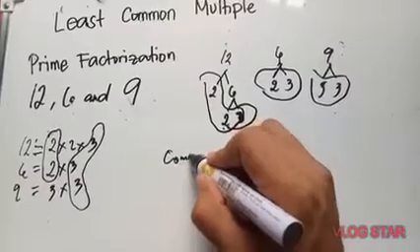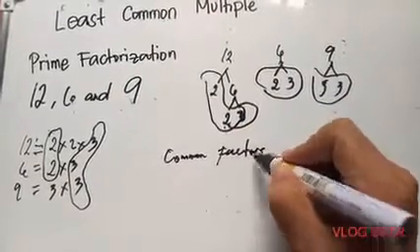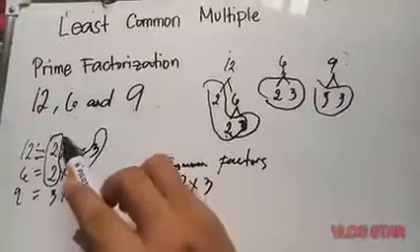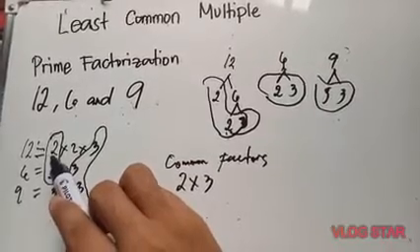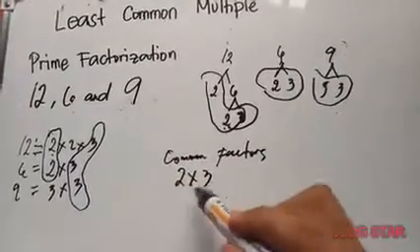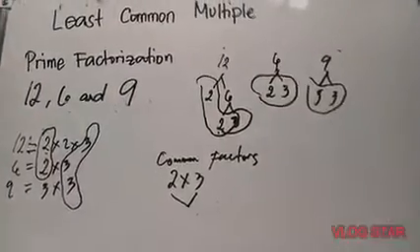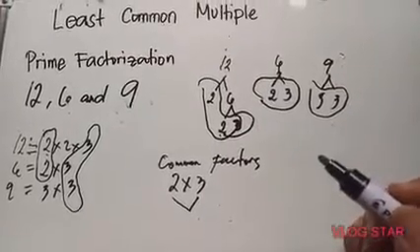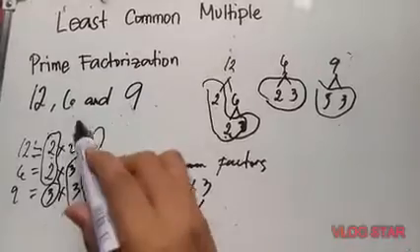So the common factors are 2 times 3. Note that you will just write the one digit, so just write 2, then just write 3. This is what we call the common factor. Next, we will multiply the remaining prime factors, which are 2 and 3.